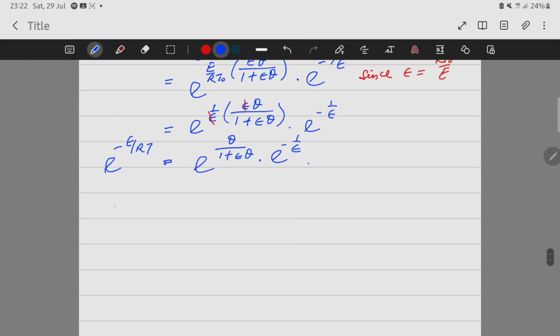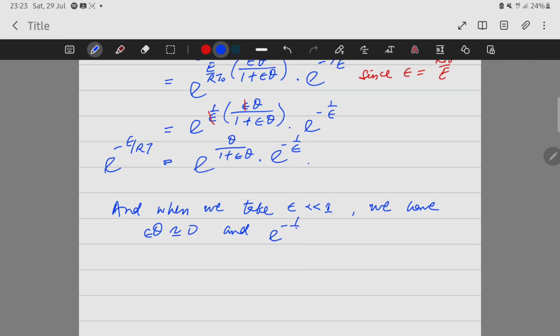And when we take epsilon much less than 1, we have epsilon theta to be almost equal to 0, and e raised to power minus 1 over epsilon also almost equal to 0, because this will almost be 0.